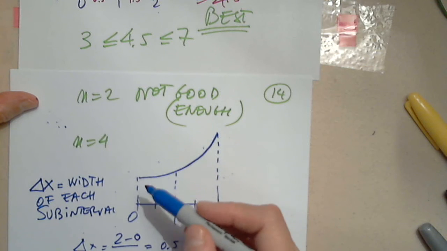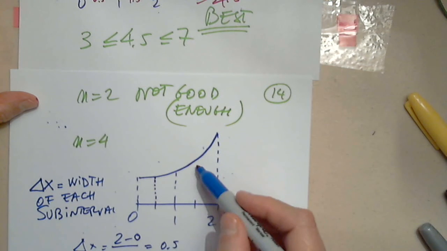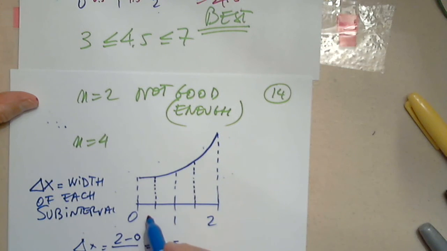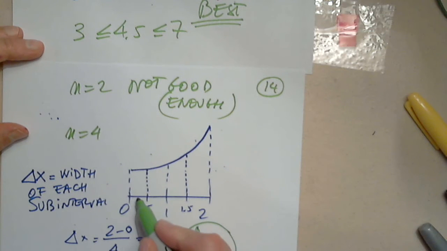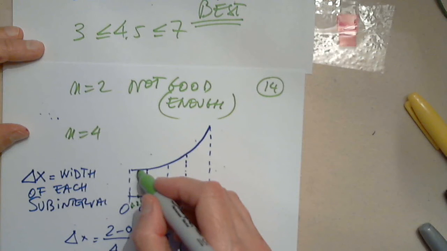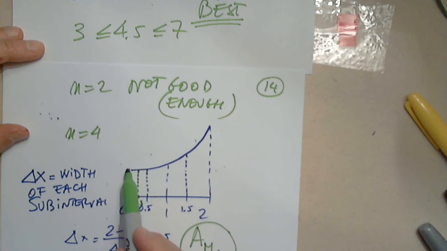So this time I have 4 subintervals, and I'm using the midpoint, so we want to determine the area with the midpoint with 4 subintervals. This is what we want to find. The midpoint will be 0.25, and this will be the height, and this will be the area.